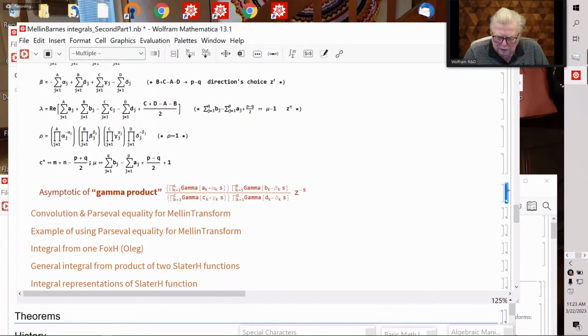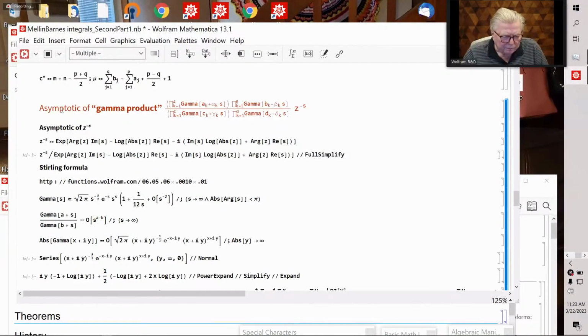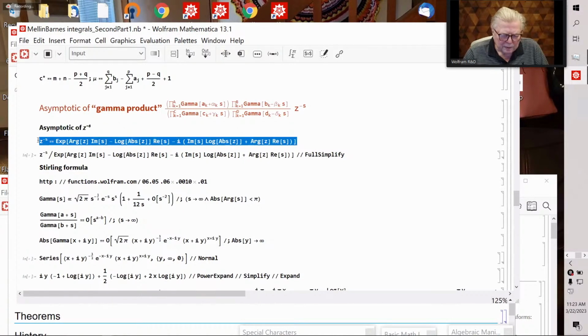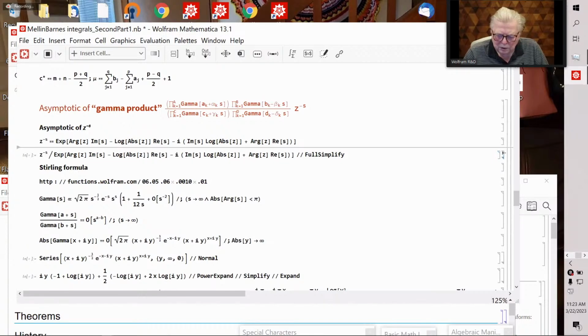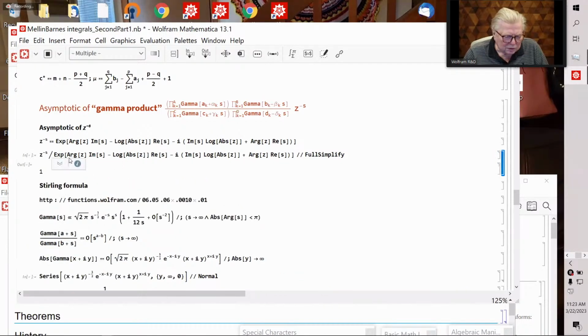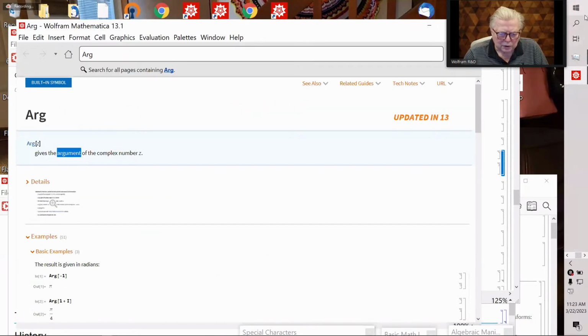Okay, and here I started to talk about this more accurately. We can write expansions of each component. Here, for example, you see this expansion.